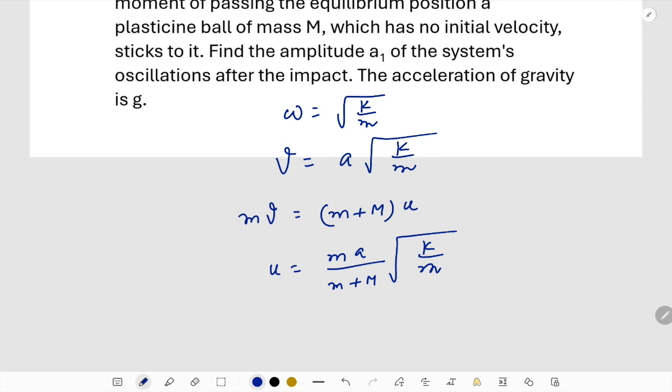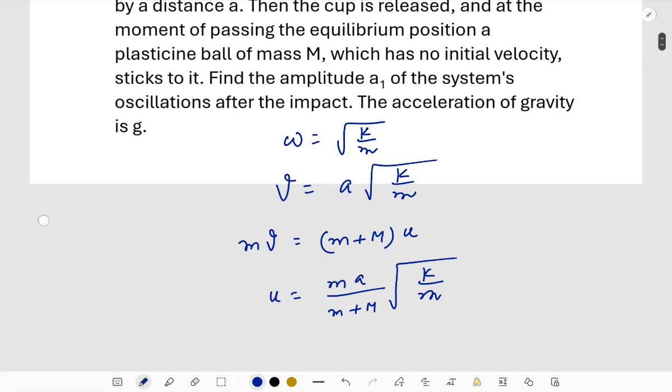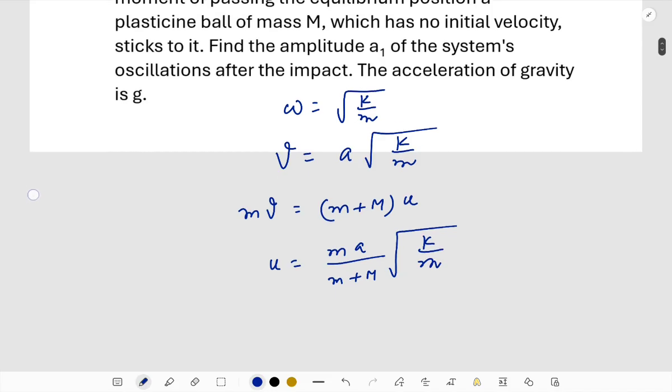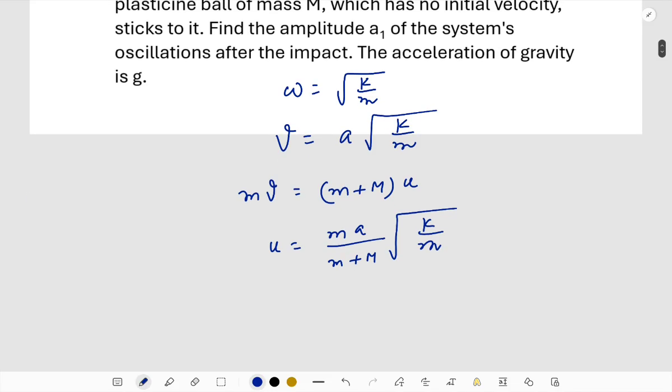Now we need to find what was in the problem: find the amplitude a1 of the system's oscillation after that impact. What is going to happen?